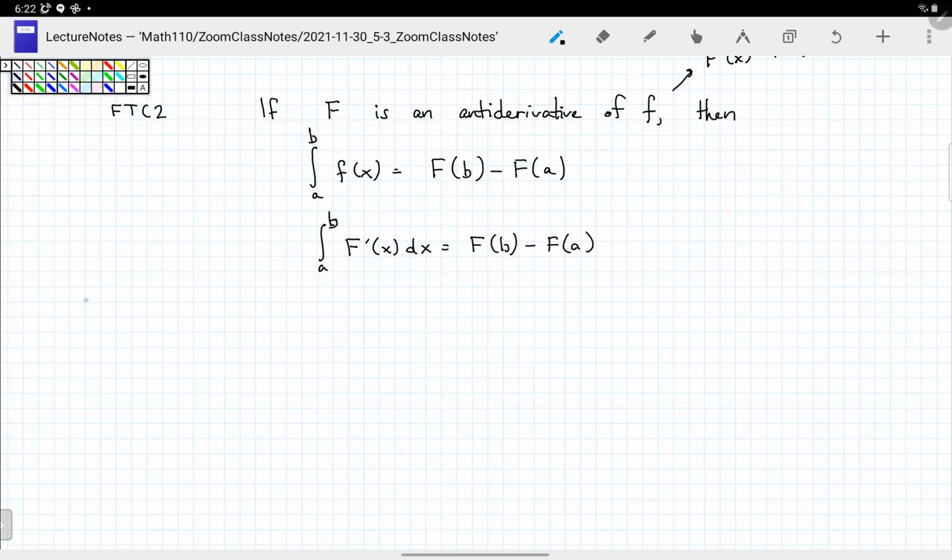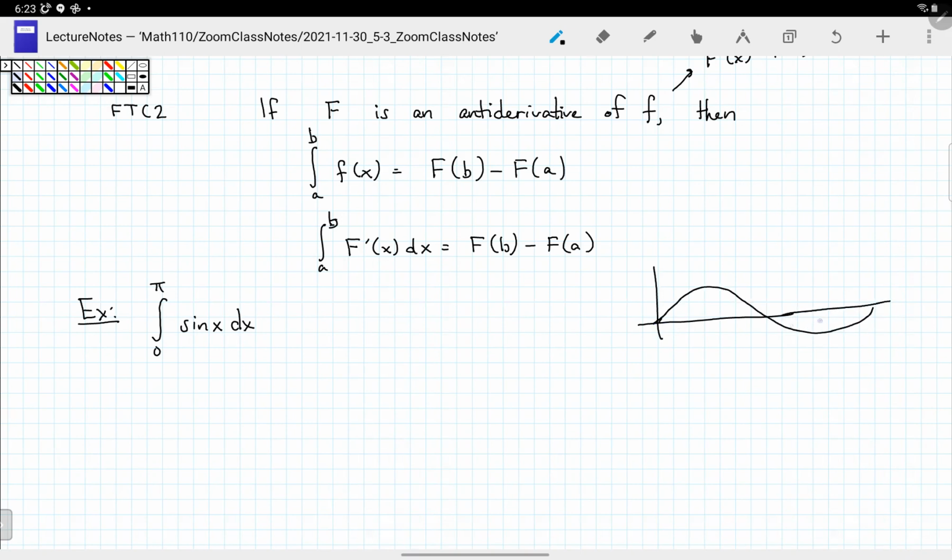So as an example, if I wanted to take the integral from 0 to pi of sine of x dx, this is going to be the area under the curve of the sine function from 0 to pi. And so it's going to be the area under that first hump of the sine curve.